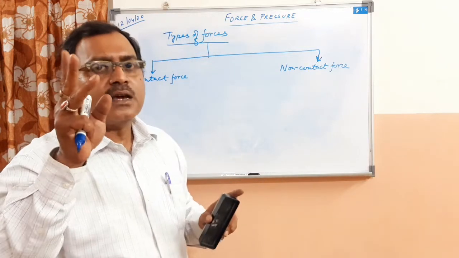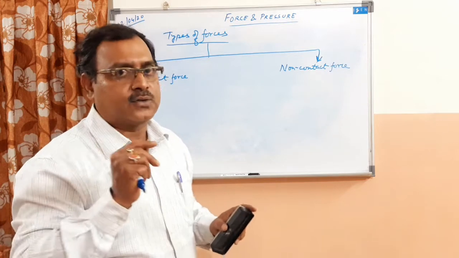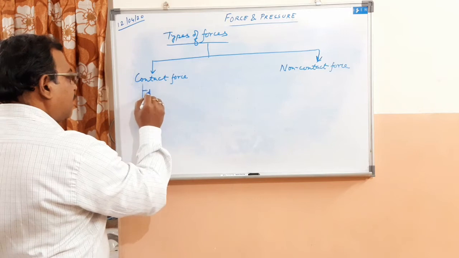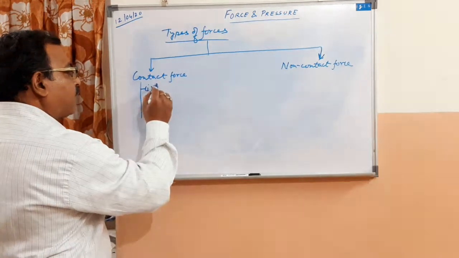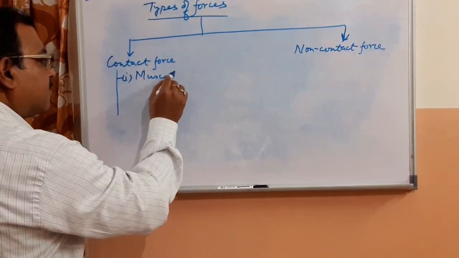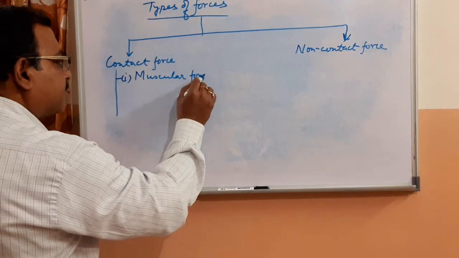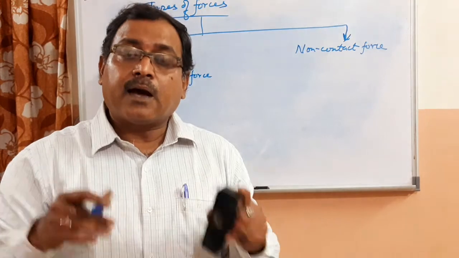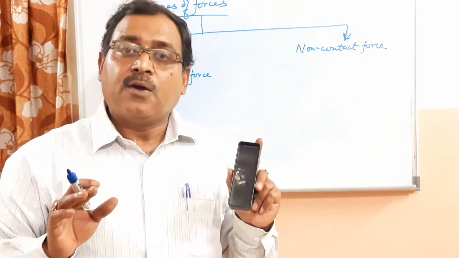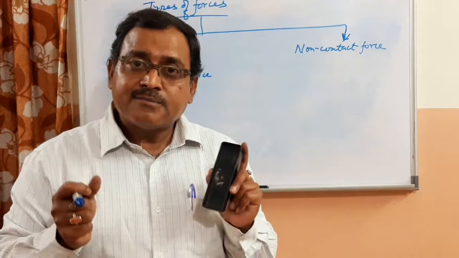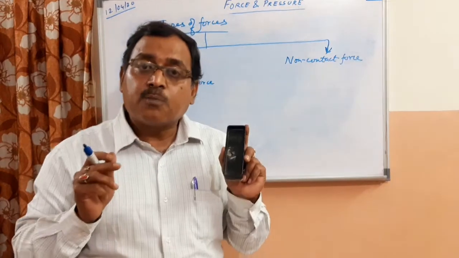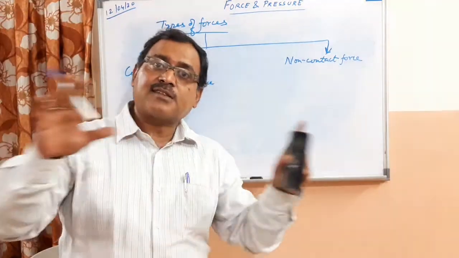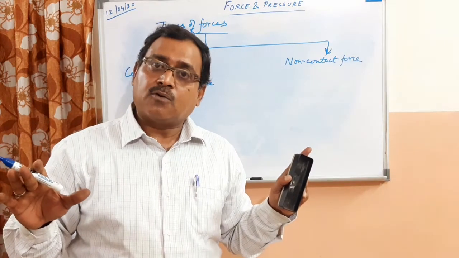I will give you three different examples of contact force. First, muscular force. Muscular force, we understand? The force exerted by our muscles. Whenever you are pushing or you are pulling, whenever you are kicking a football, whenever you are pedaling your bicycle, all are examples of muscular force.